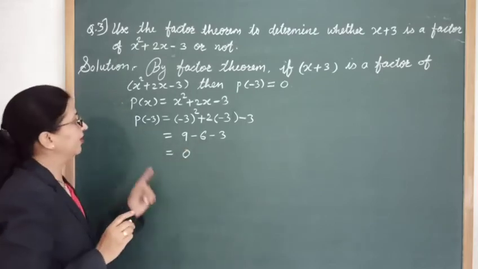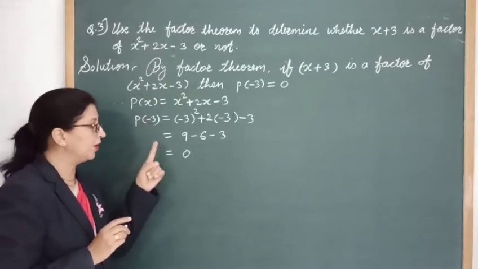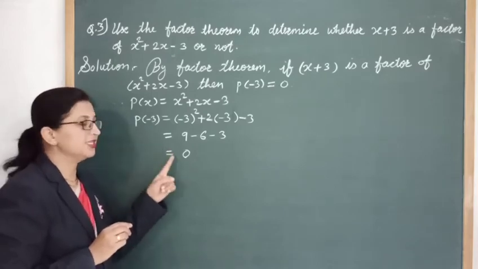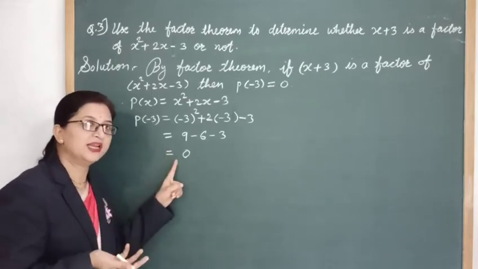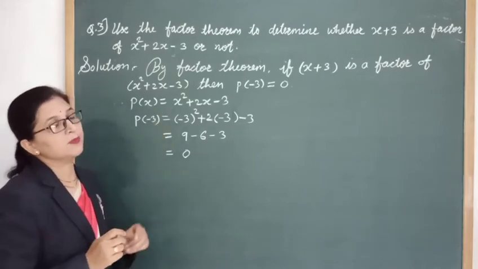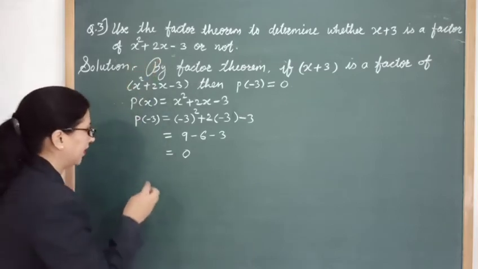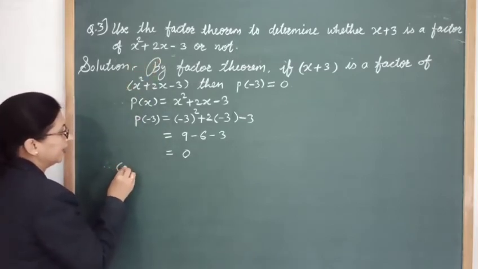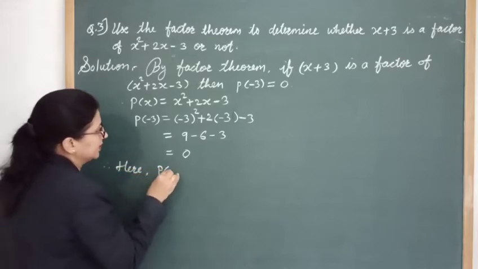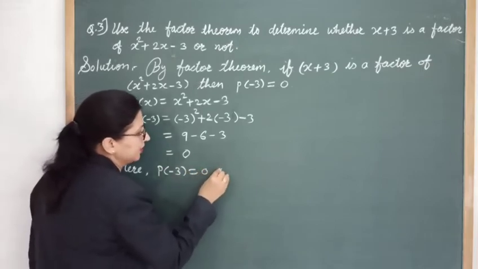Okay, so here after putting the value of x as negative 3, we got the value of polynomial as 0. It means if the value of this polynomial is 0, it means remainder is 0. And as the remainder is 0, it means this x plus 3 is the factor of this given polynomial. Okay, therefore here this p of negative 3 is equal to 0.